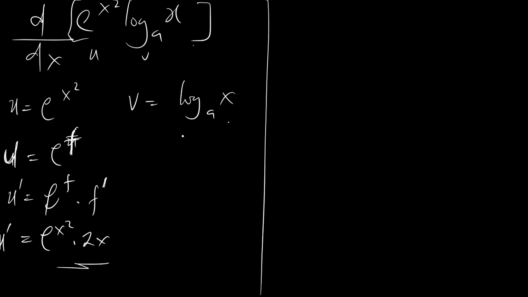Now for this, v is the same thing as log x base e divided by log a base e. So this is change of base, changing the base to base e.